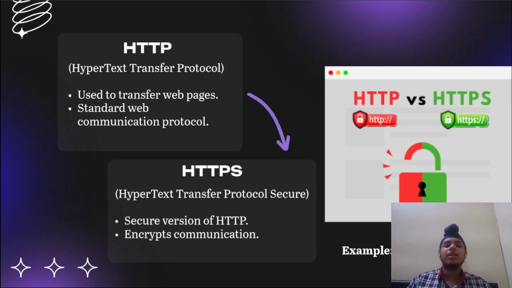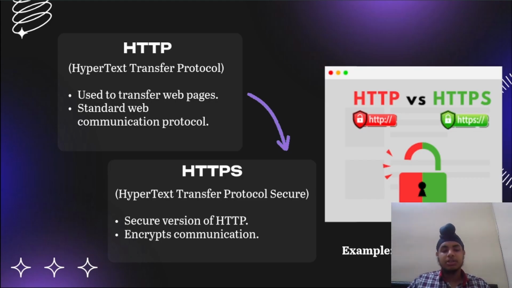It is a standard web communication protocol we use to surf on the internet. What is the difference between HTTP and HTTPS? It's simple. HTTPS is simply the secure and more encrypted communication than HTTP. As you can see in the image, HTTP is not safe, but HTTPS is a safe communication protocol.